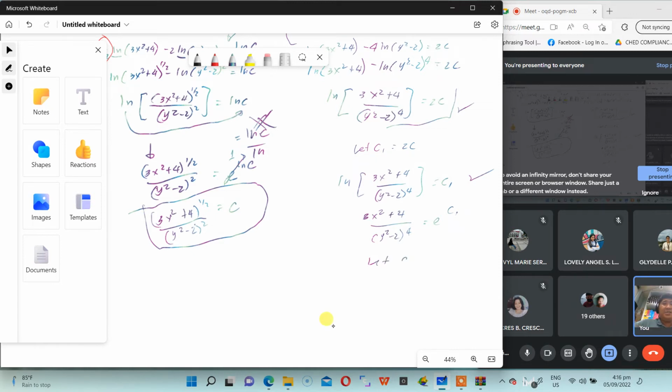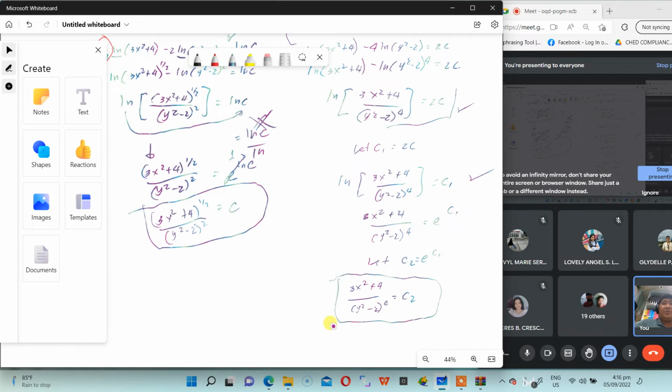You have c sub 2 equal to e raised to the power of c sub 1, you can equate it as long as there is no variable within this constant. So therefore, you could have an answer of 3x squared plus 4 over y squared minus 2 raised to the power of 4 equals c sub 2.